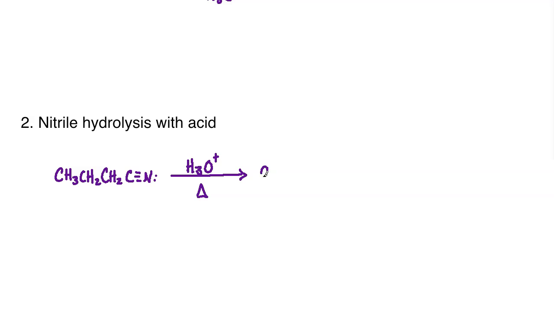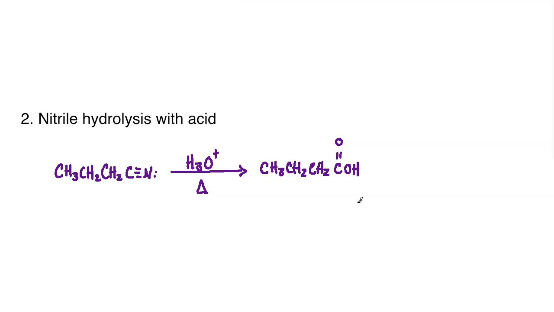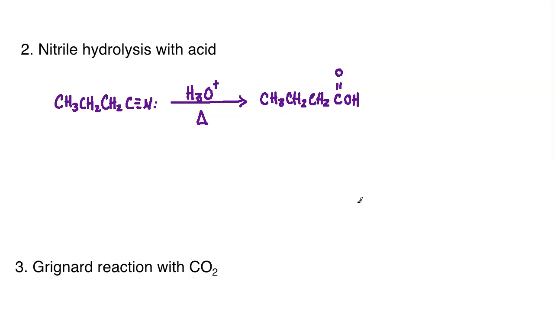And the result that you should get is that that will drive this forward into becoming a carboxylic acid. Now when you do this, the carbon associated with the nitrile group becomes the carbon that will host the carbonyl for the carboxylic acid. Okay, so that is another option that we have there.